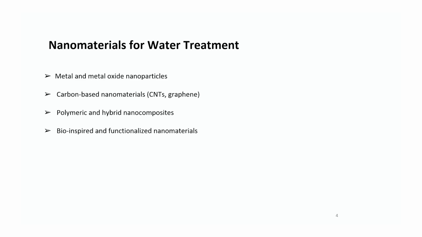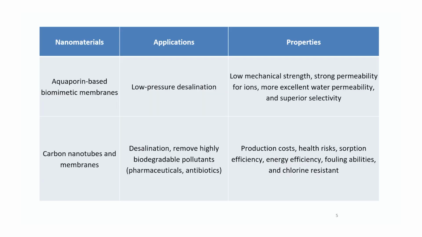The nanomaterials currently used for water treatment are basically metals and metal oxide nanoparticles, and carbon-based nanomaterials. These can be carbon nanotubes and graphene, and these can be polymeric and hybrid nanocomposites, or bio-inspired and functional nanomaterials. These are some specific nanomaterials currently being used for water remediation.